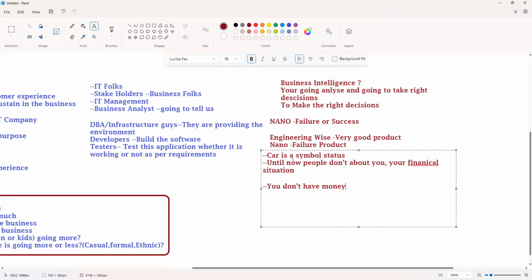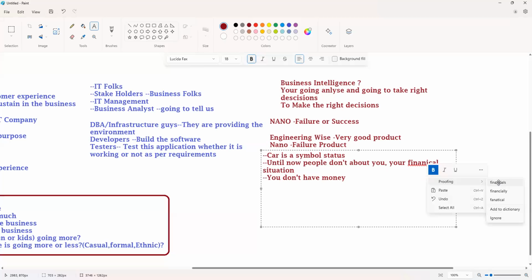So this is the reason a car is a luxury product. Nowadays it is a necessary product. But prior to that, when the Nano car was released, a car was nothing but a luxury, as well as a status symbol. If you buy a Nano, it is going to show in society that you don't have money.